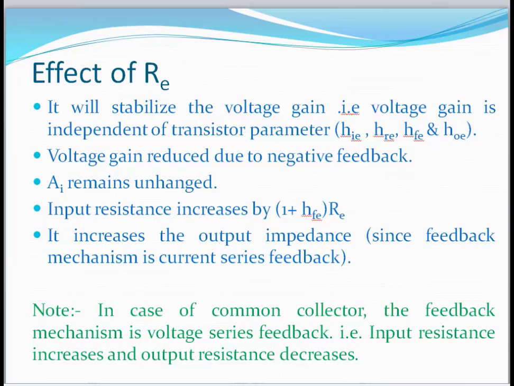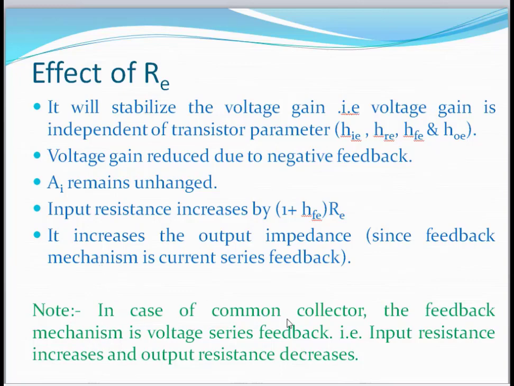One of them is the current series feedback mechanism, and in this, input resistance and output resistance both get increased. This is the effect of common emitter with RE, and you can note it here. We will also see it when we study the feedback amplifier.